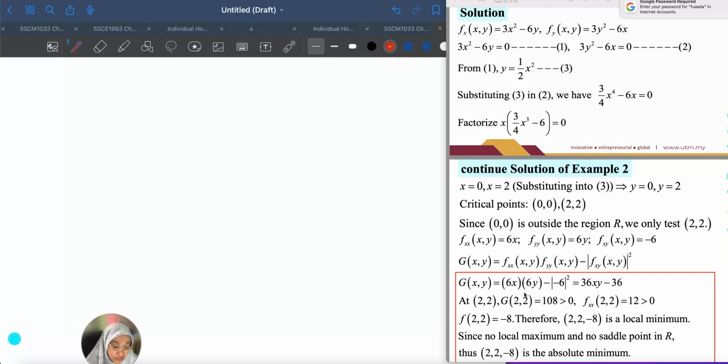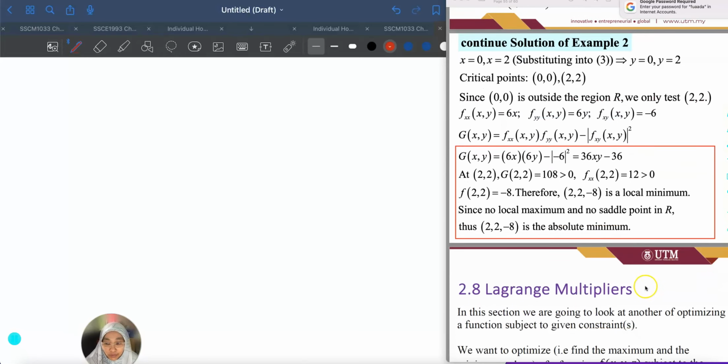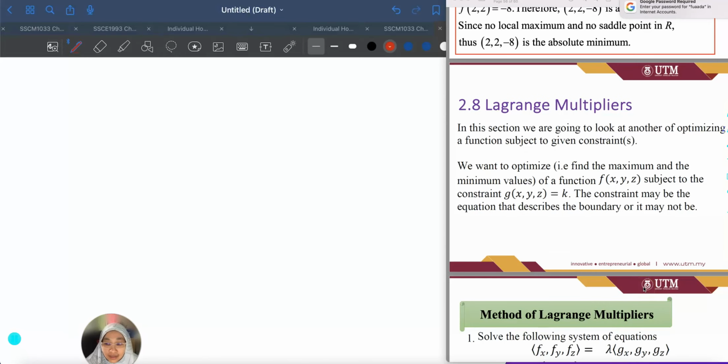In order to solve that problem, there are many other methods actually, but we just focus on one method. We call that the Lagrange multiplier. The multiplier is the factor that you will obtain. We call it lambda. And Lagrange is the name of the person who invented that method.